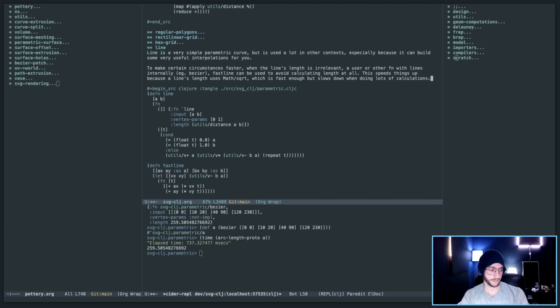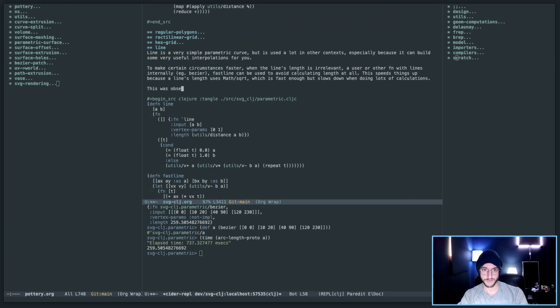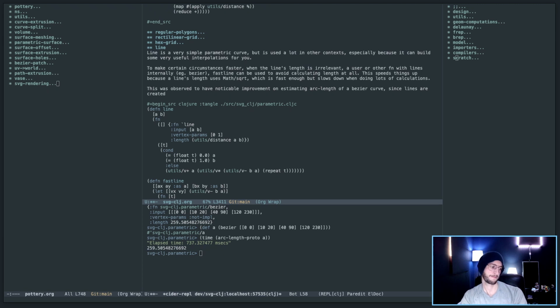Right, so this was observed to have noticeable improvement on estimating arc length of a Bezier curve, since lines are created for any t.